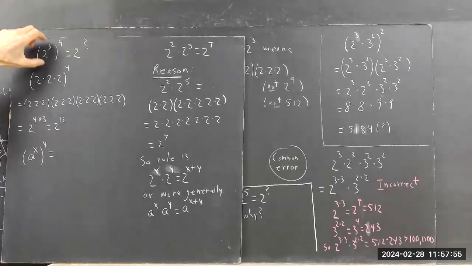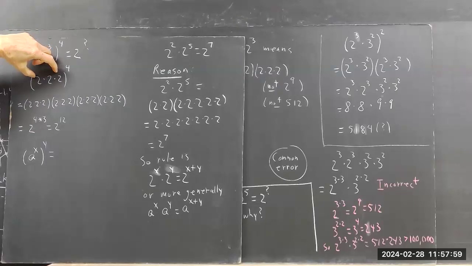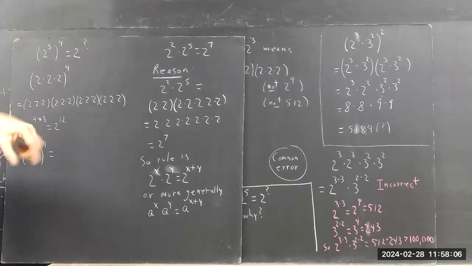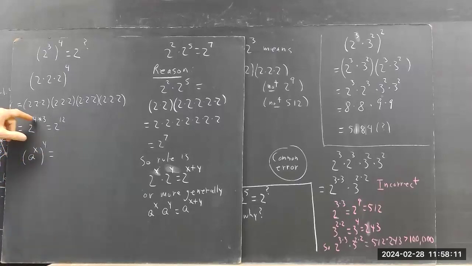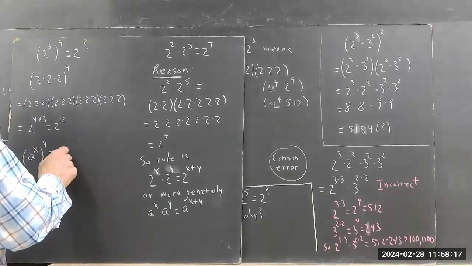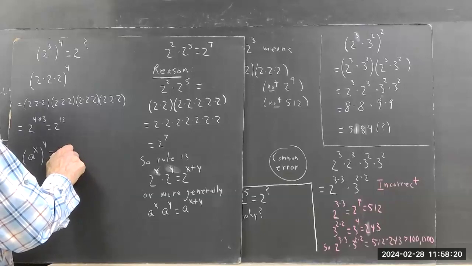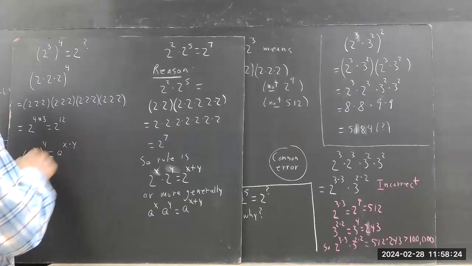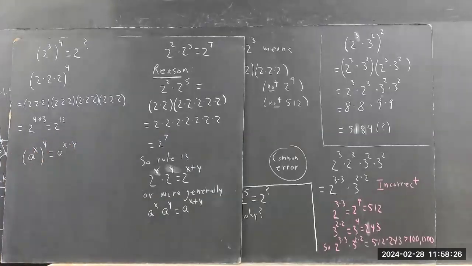Two to the third to the fourth gives you 2 times 2 times 2, which is 2 to the third, raised to the fourth power, which is 4 groups of 3 twos all multiplied together. That's 2 to the 4 times 3, which is then 2 to the 12. A to the x to the y would equal a to the x times y.